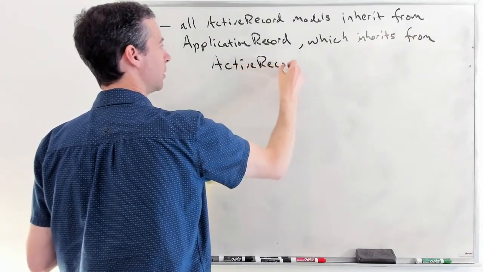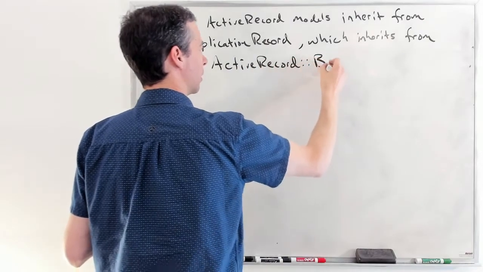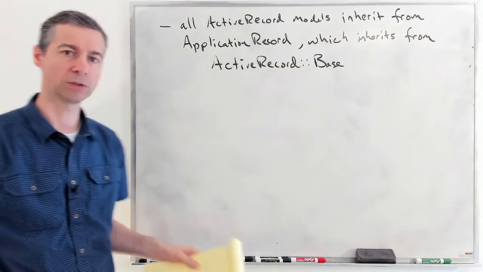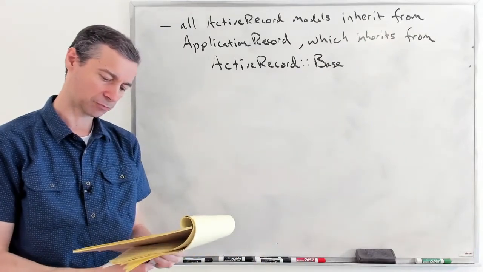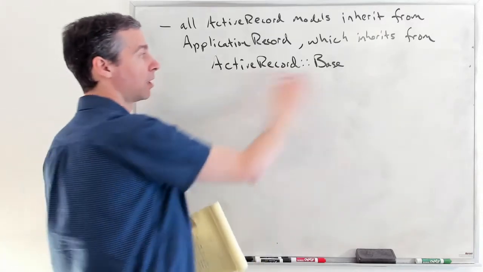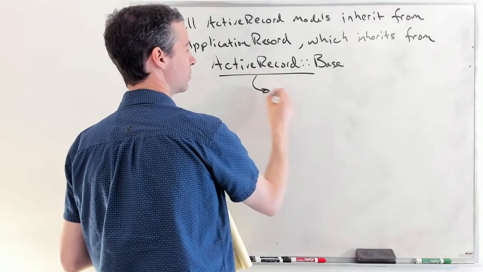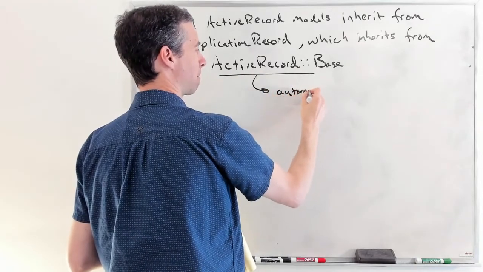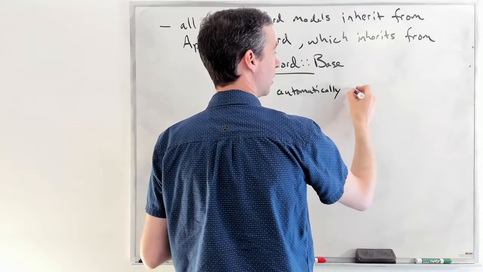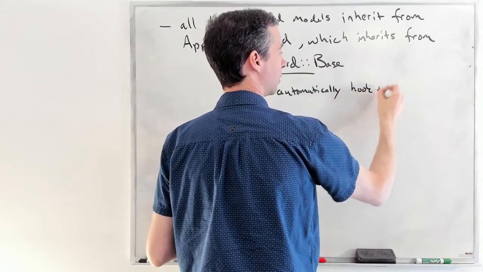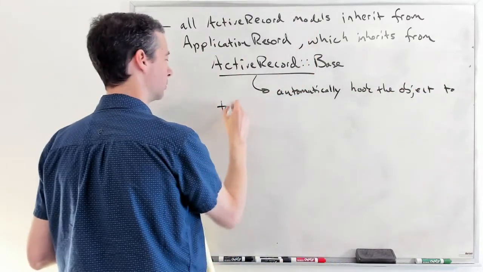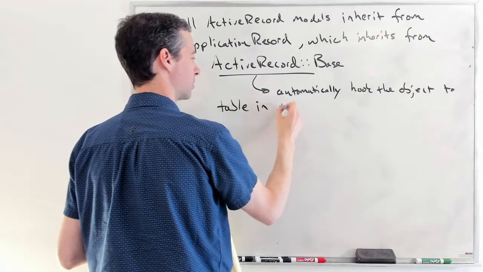So basically, all these models, what we're doing is we're inheriting a huge amount of implementation code. It gives a whole bunch of methods. And so these automatically, it's kind of amazing, they automatically hook up the object to the table in the database.